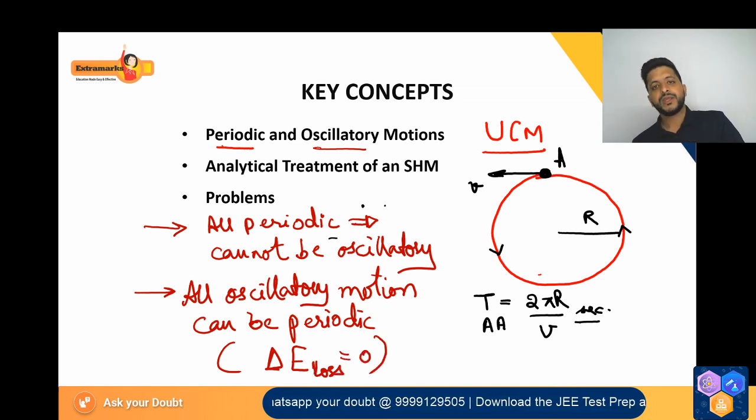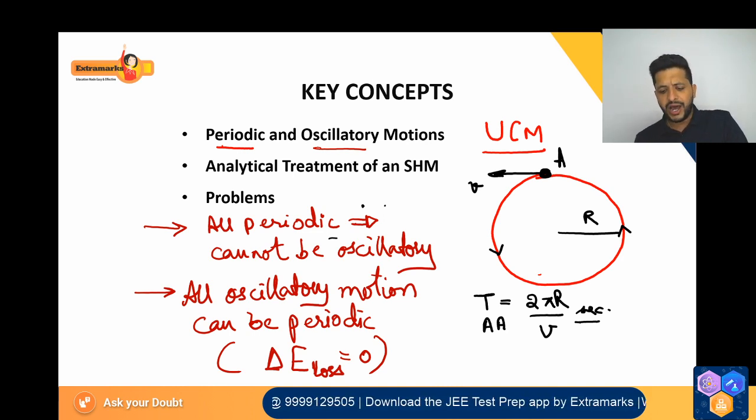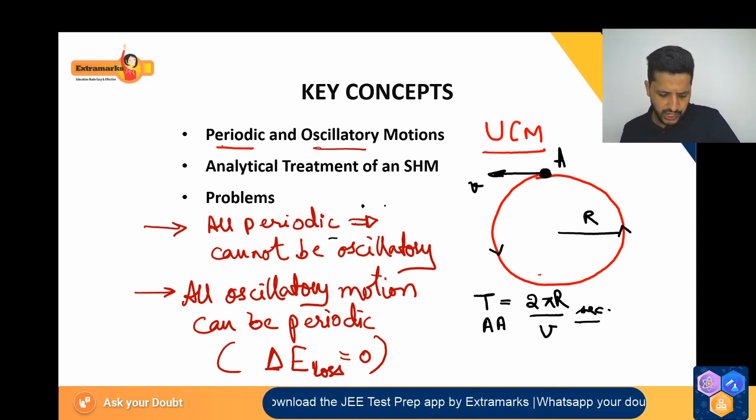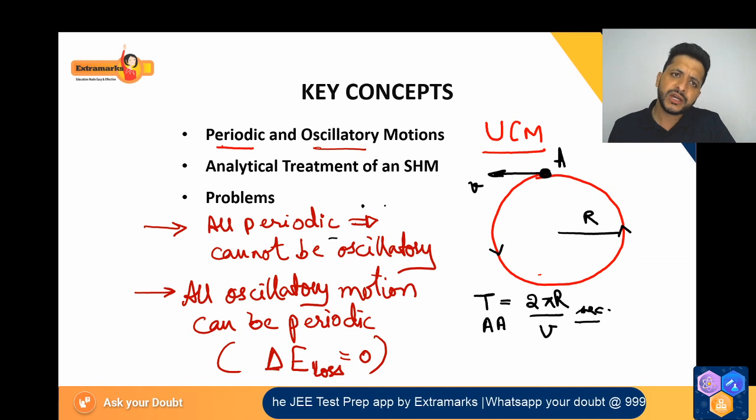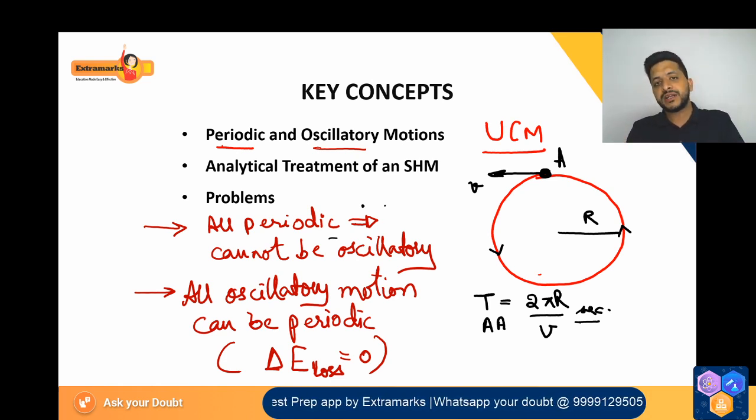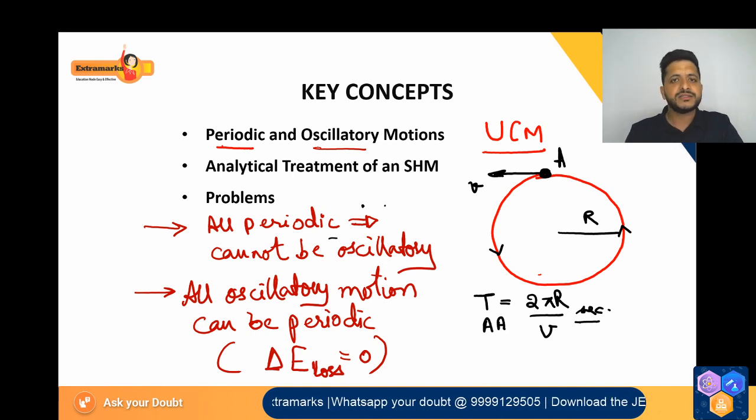Zero. So if there are undamped oscillations, they can be considered as periodic. So are all periodic motions oscillatory? No. Example, uniform circular motion. Are all oscillatory motions periodic? No. Why? Because if there are energy losses, the periodicity is not going to maintain itself in the system.